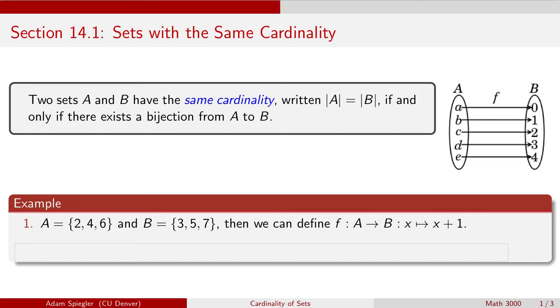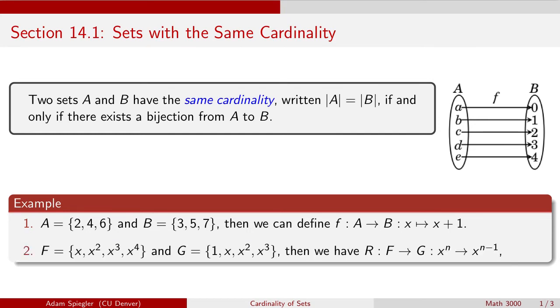But we can do this more formally by introducing a function f, which is a bijection that maps from A to B, where for each element in A, we add 1, and that gives us the element in B. In this case, we have a nice formula for describing how exactly we're going to match each element from A into B. We could have just written out this set element by element as well.